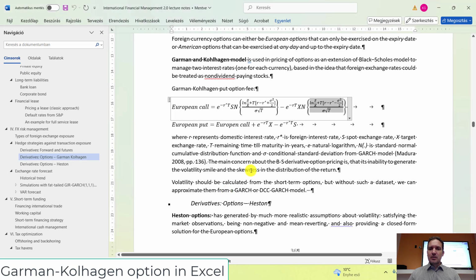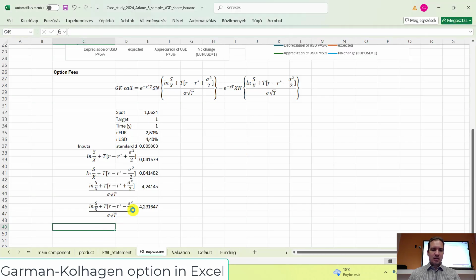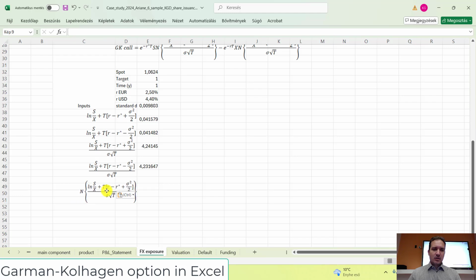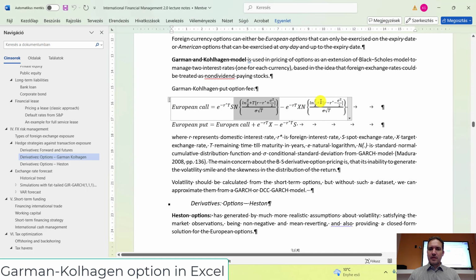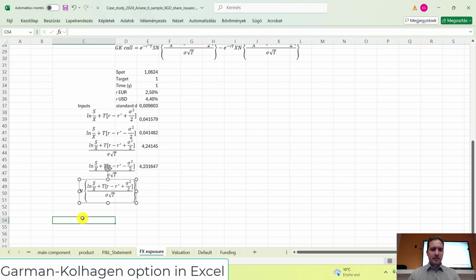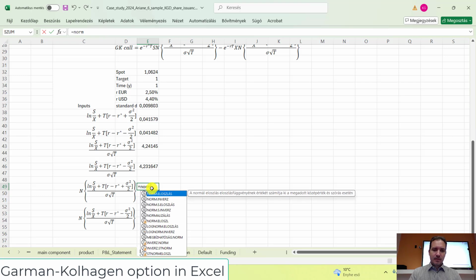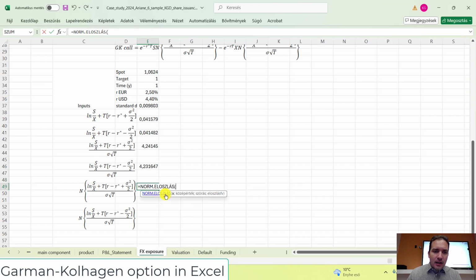Then we have to use, so is this probable under normal deviation or not? I think this is the one.